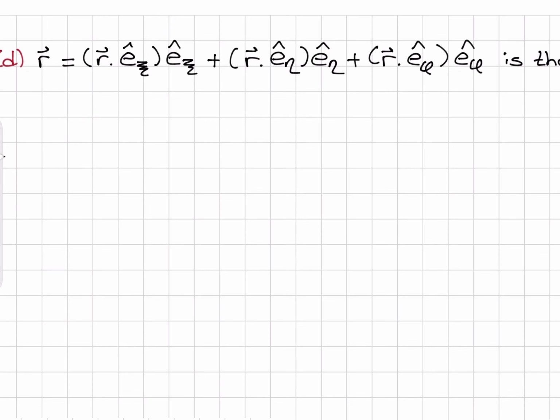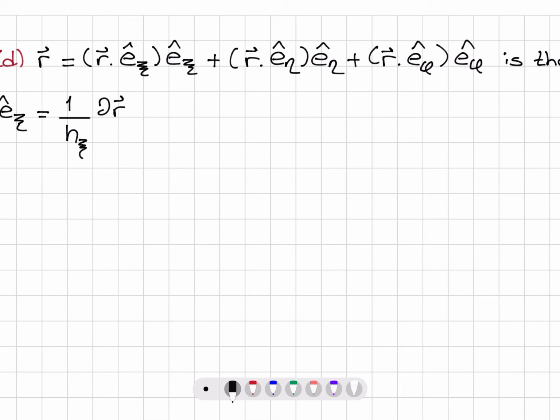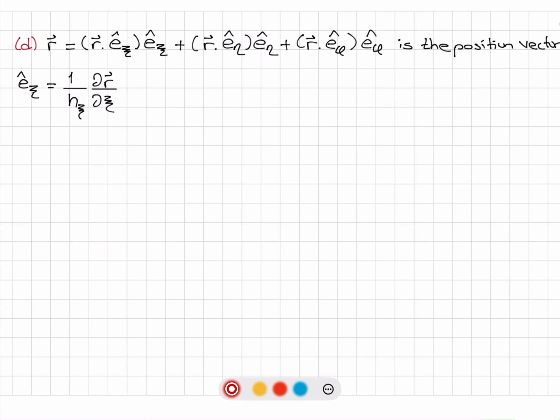Now, first of all, I have to remember how to write these unit vectors. So xi hat unit vector is going to be 1 over the scale factor h psi del r del psi. So I've already calculated the scale factors and these derivatives in part C. So I'm just going to look for those results and copy them here and then divide by the scale factor.